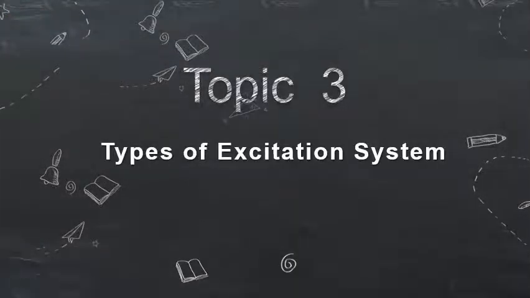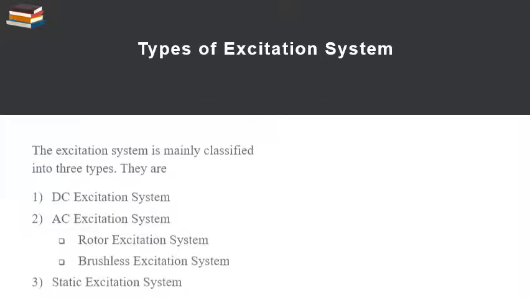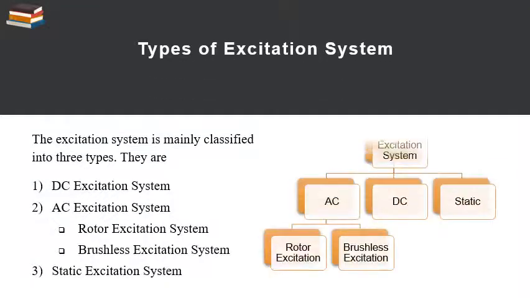The next topic is the types of excitation system. The excitation system is mainly classified into three categories: number 1, DC excitation system; number 2, AC excitation system; and number 3, static excitation system. The AC excitation system is further divided into two categories.